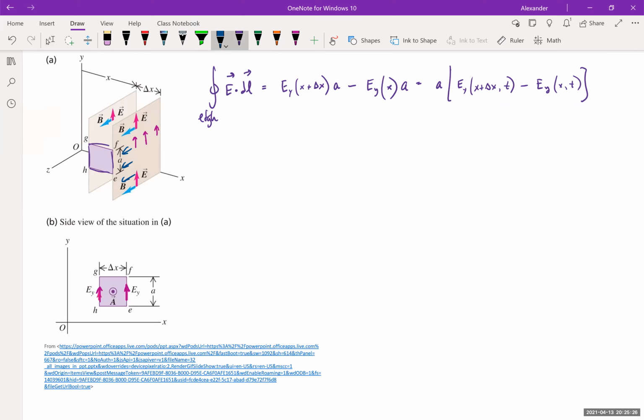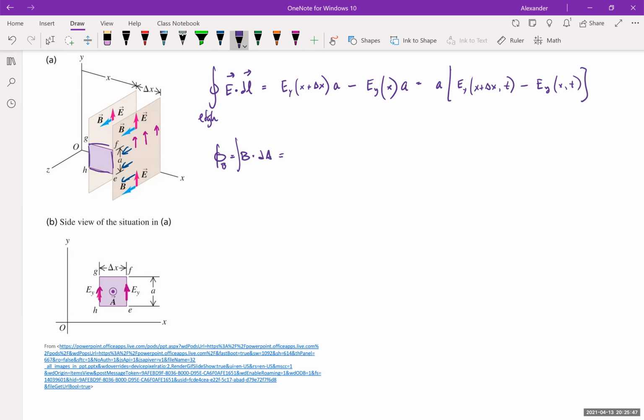It really should be purple. Let's talk about phi. B dot dA integrated over the area.